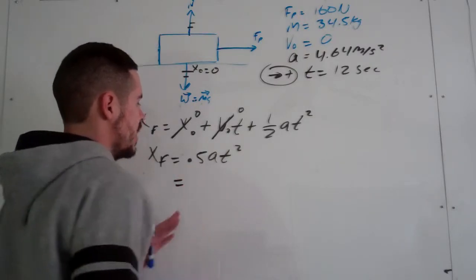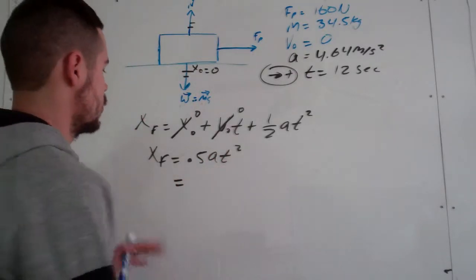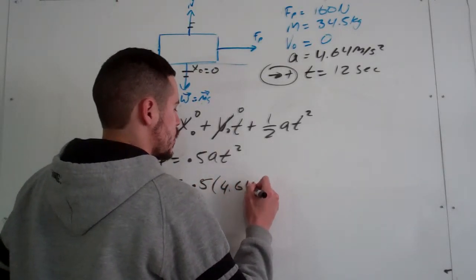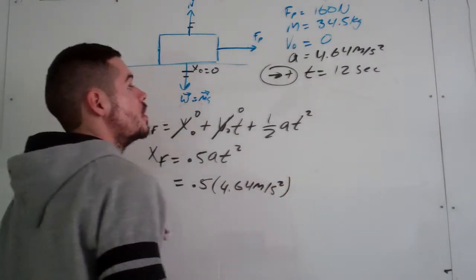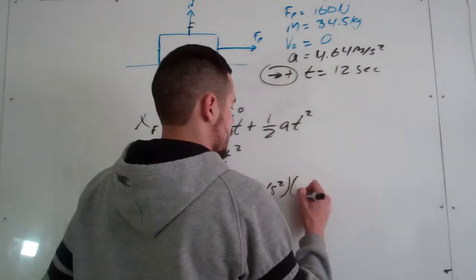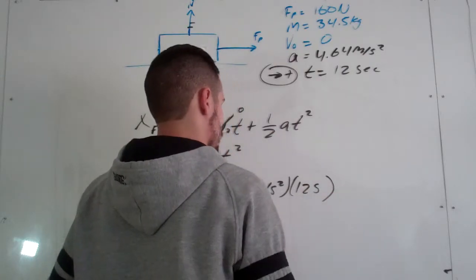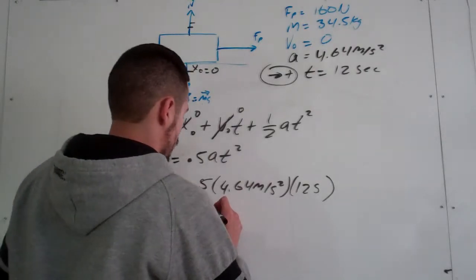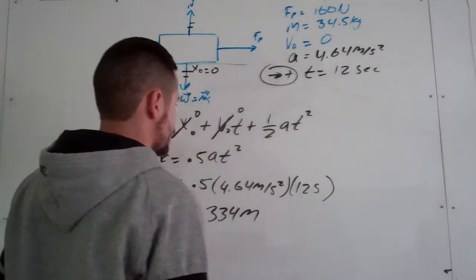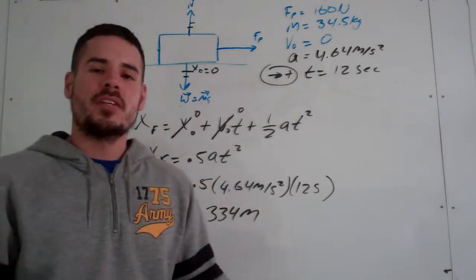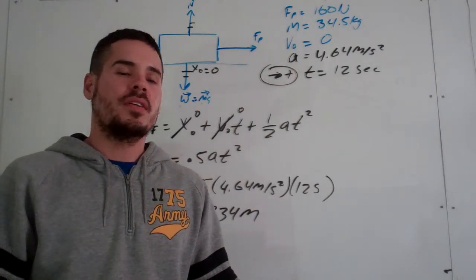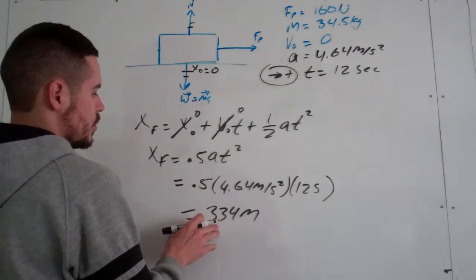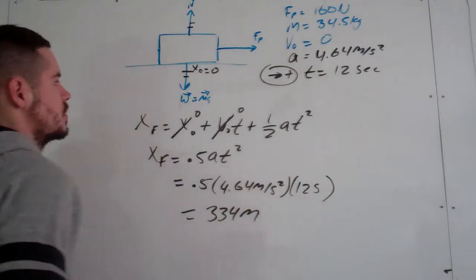We have acceleration and we have time, so we just plug those in. 0.5 times 4.64 meters per second squared times our time, which is 12 seconds, is equal to about 334 meters. So, starting from rest, this horizontal force causes this box to travel 334 meters in 12 seconds.